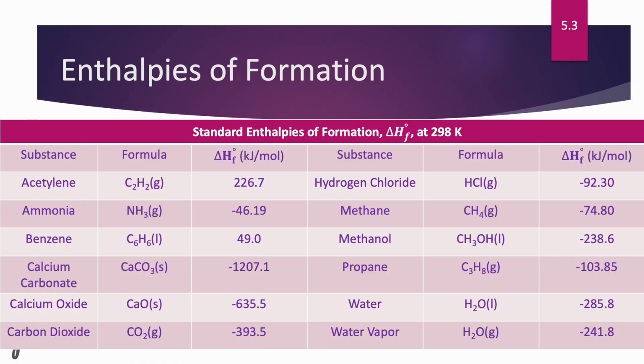So here's the table. The table is going to be really, really big. I just have a portion of that for you, and you don't need to be worried about that because this would be given to you, right? I just want to make sure that you're aware that we have positive, negative, large, small values for these enthalpies of formation. Whatever is the case, it would be given to you. Also, be careful with the state.